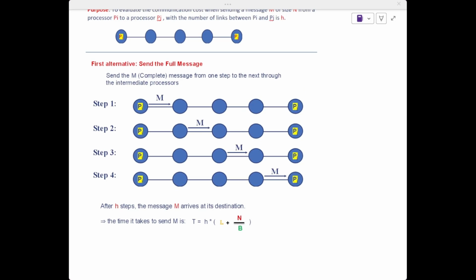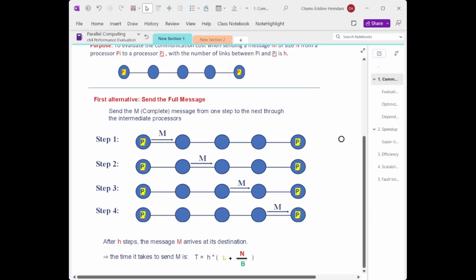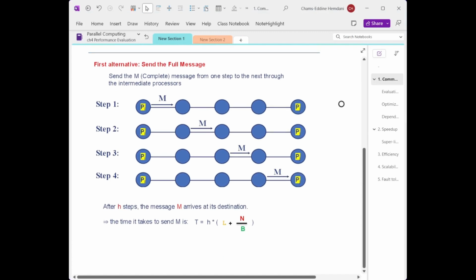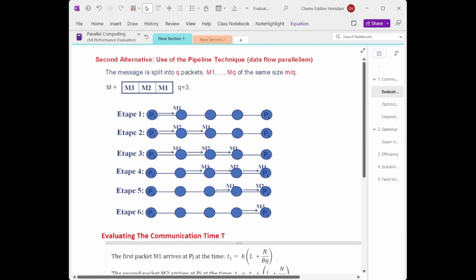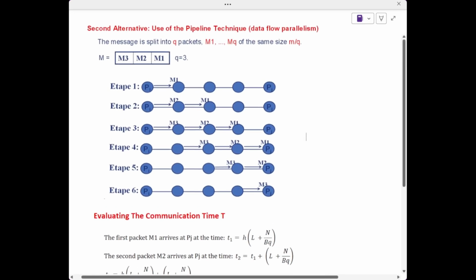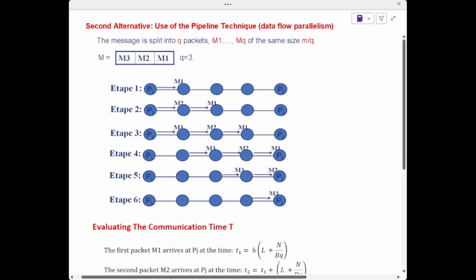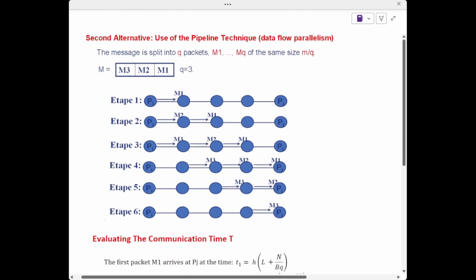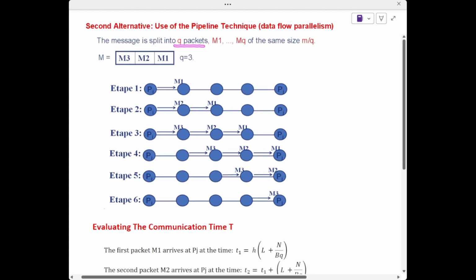It is the easiest way, but sometimes it is not really efficient, because if we check the second way, we find sometimes that it is better in terms of time. What is this second way? This second way says that we can use a pipeline technique, meaning data flow parallelism, to split the message into Q packets.